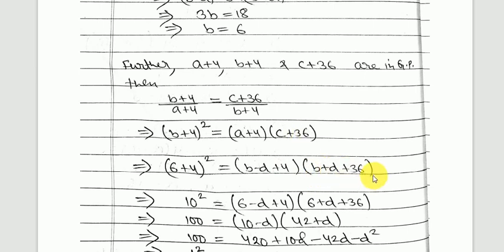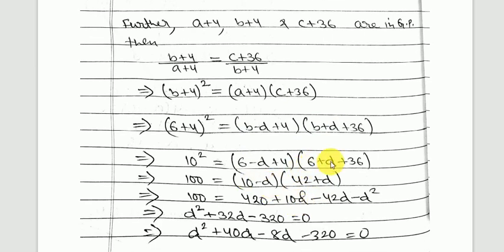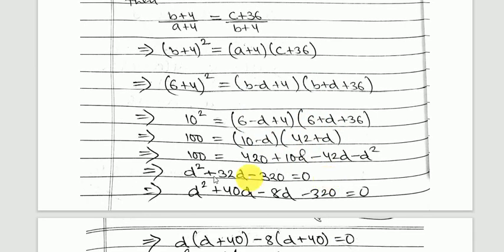Putting b as 6 in both places and simplifying, I get (10 minus d) and (42 plus d). Only this expression involves d. If I solve it, I'll get a quadratic equation, d square plus 32d minus 320 equal to 0.